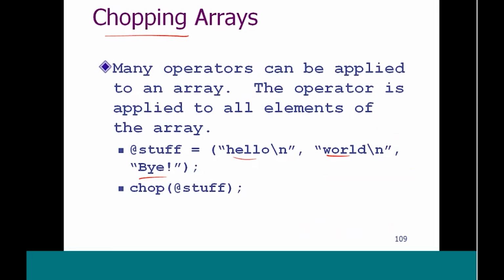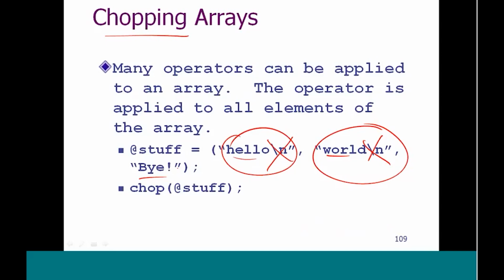So essentially this element, the new line goes away. From this element again the new line goes away. What about this one? So let's see. Remember, chop removes the last character.